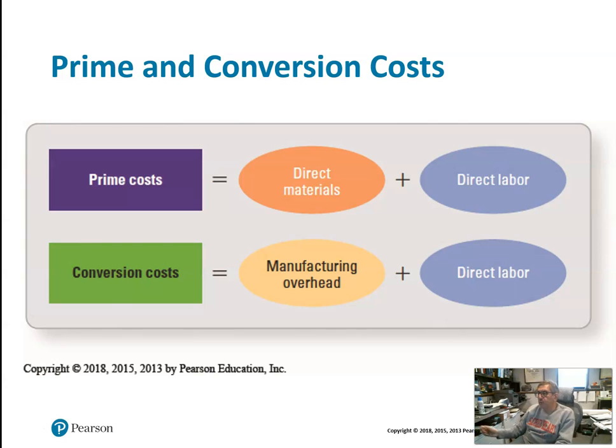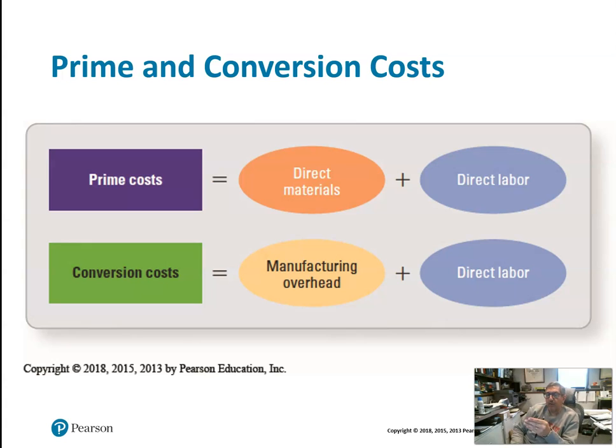If we put those two direct costs together, we typically call those prime costs. Prime because they're primary, because they are easily traced to the product that we're trying to produce. So putting the two direct costs together, direct materials and direct labor, is known as prime costs. If you see that phrase anyplace, that's what it's referring to.